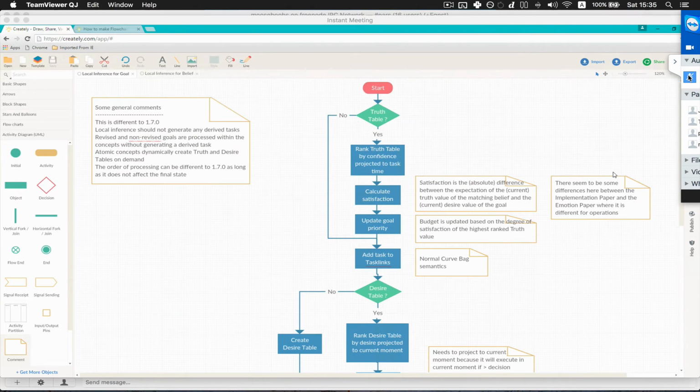Do you see what I mean? Well, yeah, no, I agree. In that particular case, my question about whether or not it should be priority comes back again, because it's not the current moment anymore; it's the task time. But then whether it should be current moment. But what I mean, the belief table.